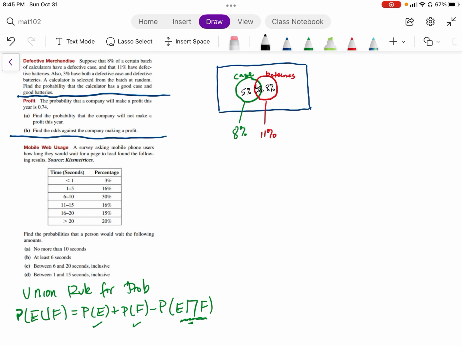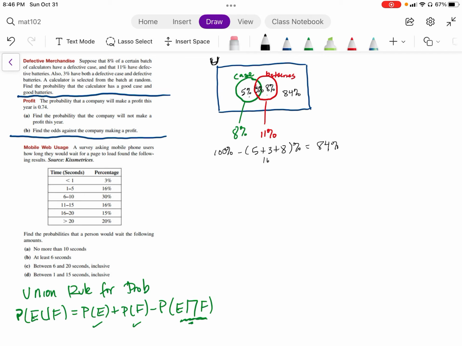And then we have the entire set, and the ones that don't have any defect, well, we have 100% minus that 5, minus that 3, minus the 8, right? 100% minus 5 plus 3 plus 8%, so that would yield 16 in here. 100 minus 16 is 84%. So outside, we have 84% that are not defective at all.